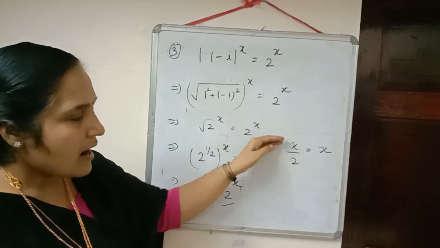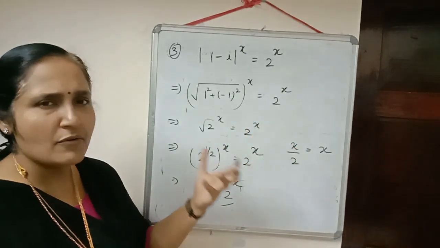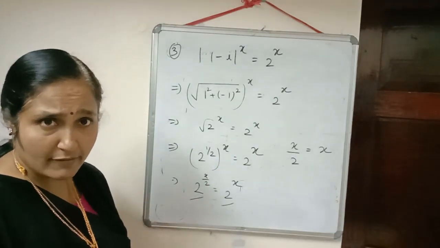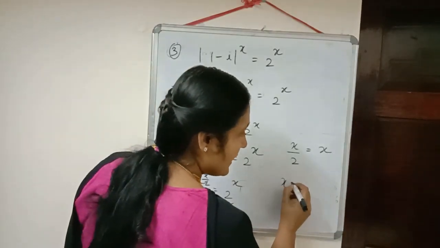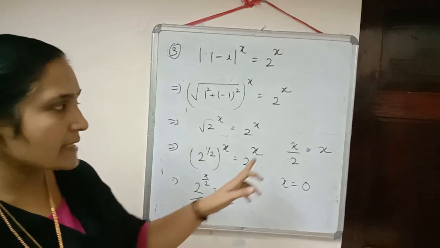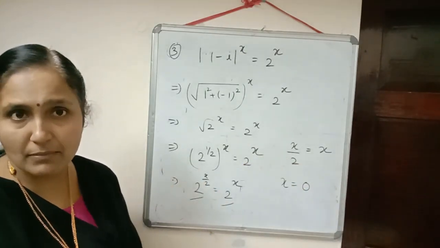The question is, half of a number is equal to x. Do you know any value of x in which half of the number will be equal to the number itself? Yes, this is possible only when x is equal to 0. Correct? Only when x is equal to 0, then only both left hand side and right hand side will be equal.